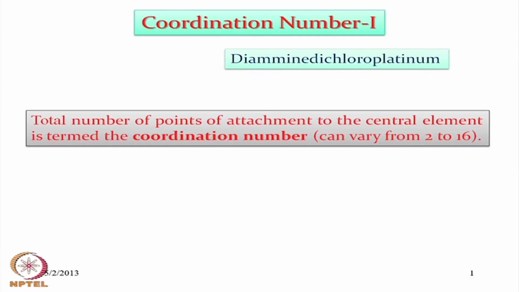So, what we have just seen during the IUPAC nomenclature of some compounds, we have encountered the corresponding medicinal coordination complex, which can be used as a very good medicine, which is diamminedichloroplatinum. And this diamminedichloroplatinum immediately tells us the number of ligands giving the corresponding attachment to the platinum center.